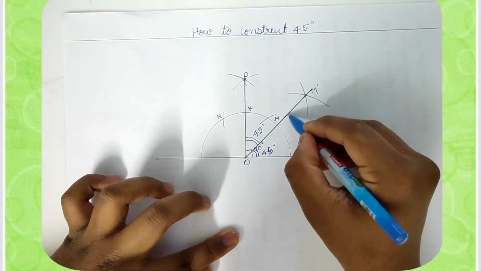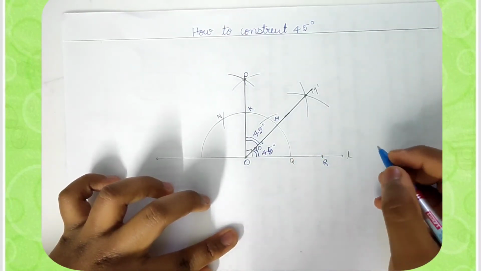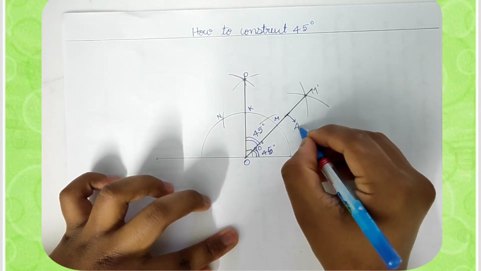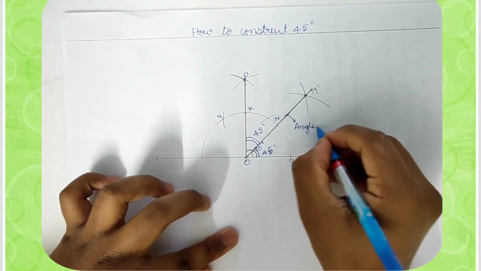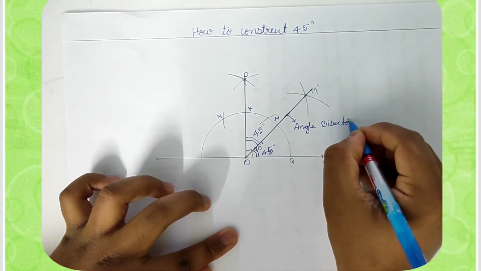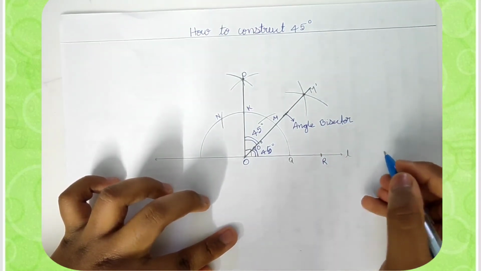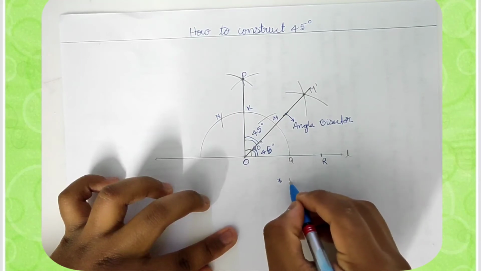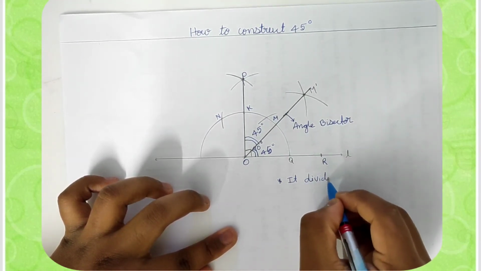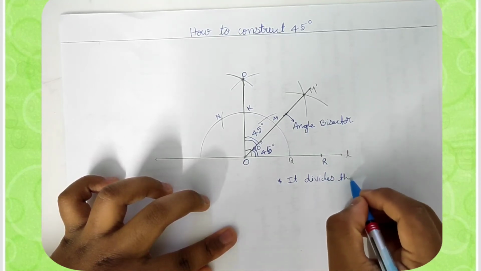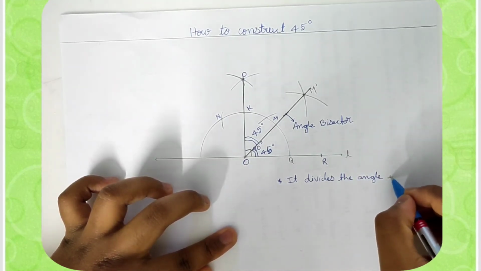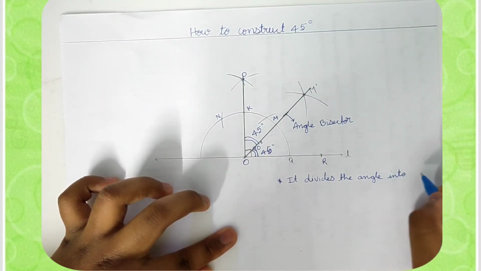Come, let us see how it came. The line OM1 is called as angle bisector. And another important point, it divides the angle into two equal parts.